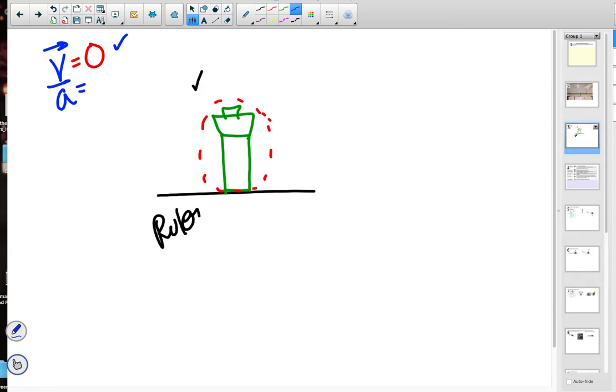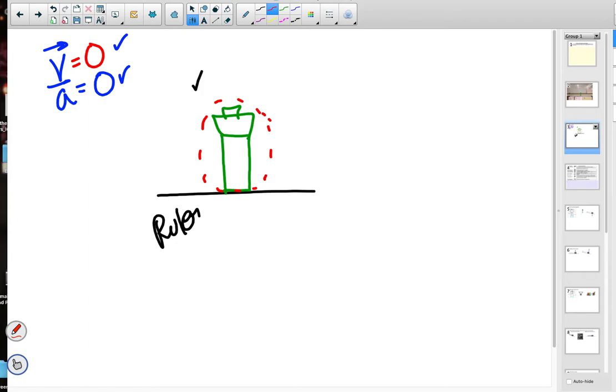Well, based on the previous assumptions that we're only comparing it to its immediate surroundings, its position's not changing, it's remaining at rest, the velocity's not changing, the acceleration must be 0 as well. Next up, I asked, what forces are acting on the marker?